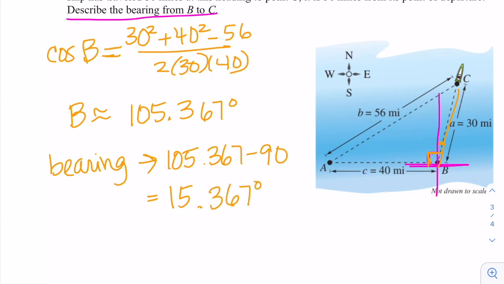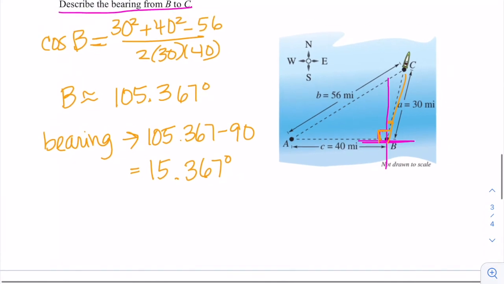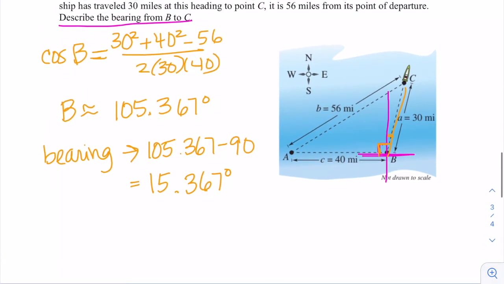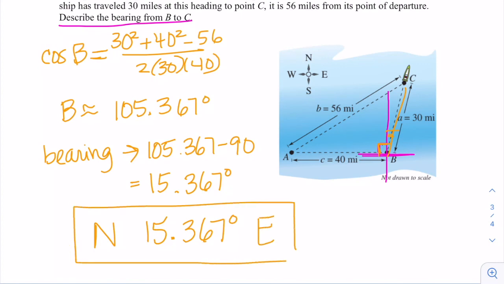So remember, when we give the bearing with north-south, we start with north. So it's going to be north 15.367 degrees, and it goes to the east. So that will be our bearing in nautical terms.